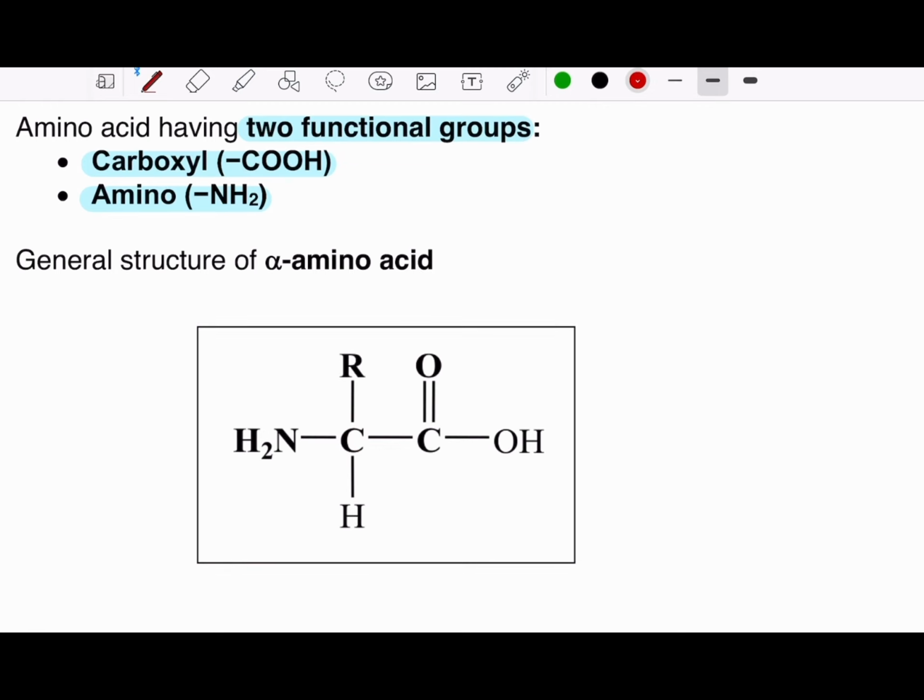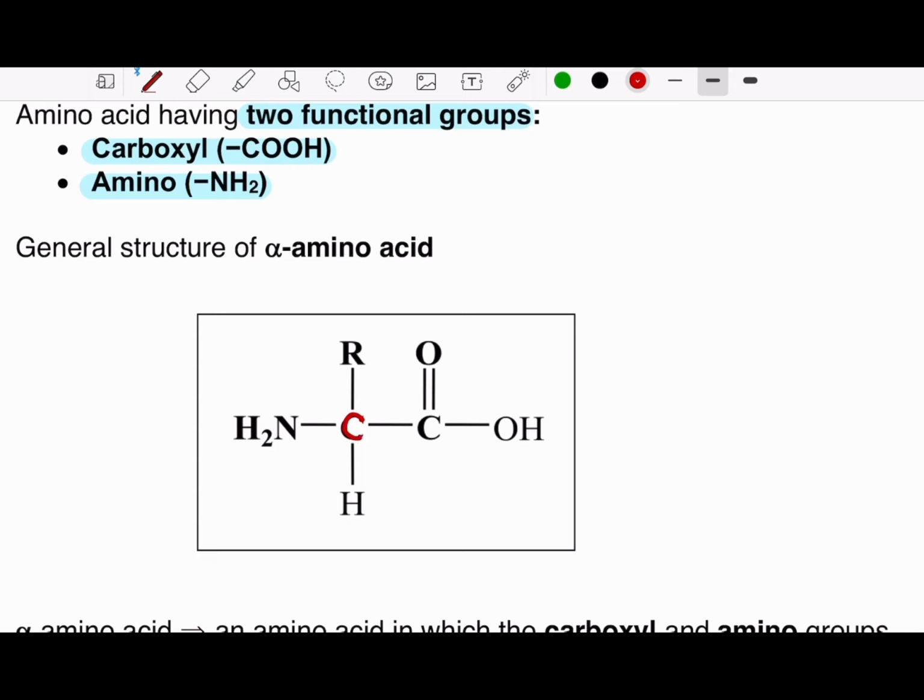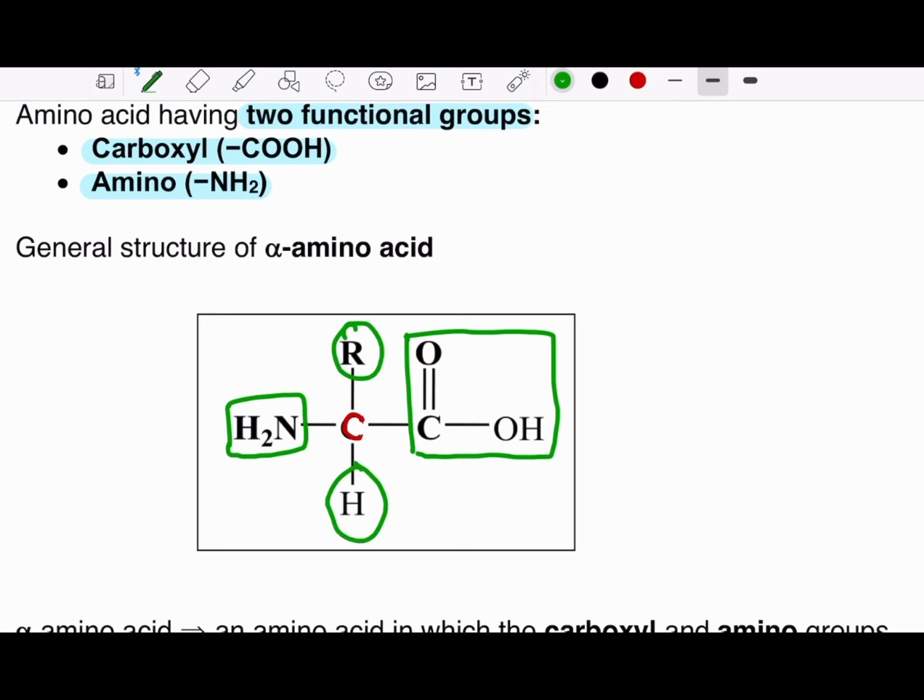We have this carbon attached to the amino and the carboxyl group. It has one H and R. This is the general structure of an amino acid, given here as alpha amino acid.